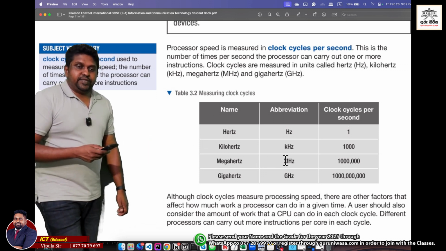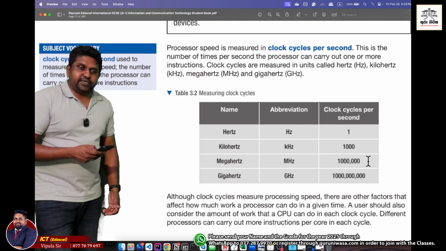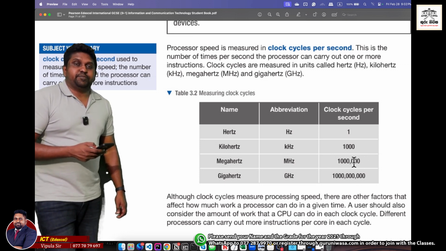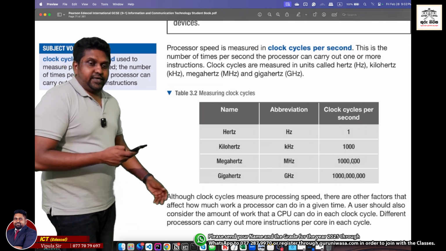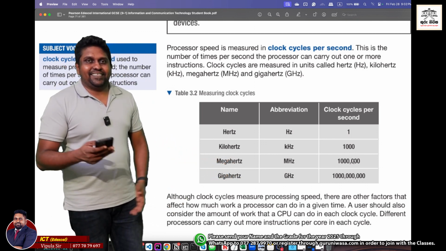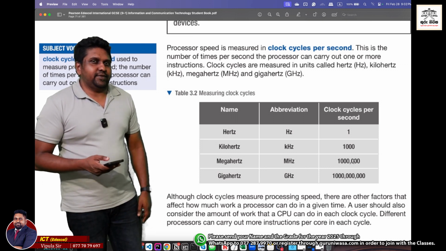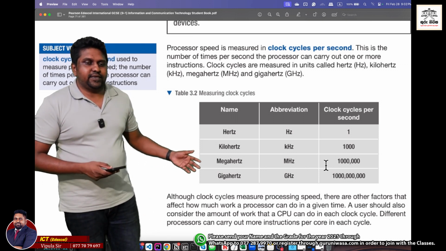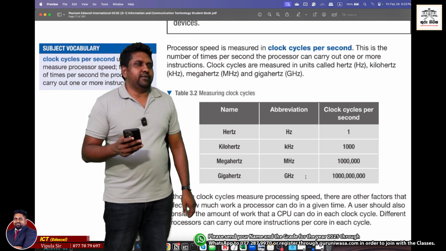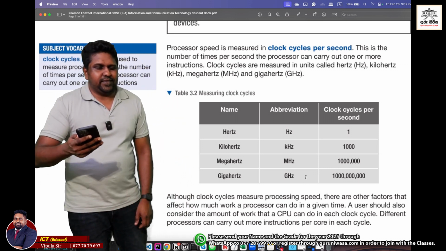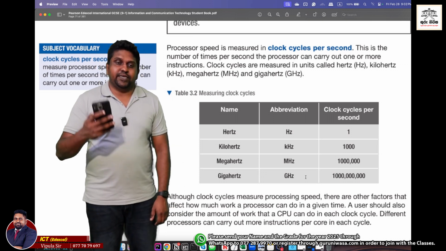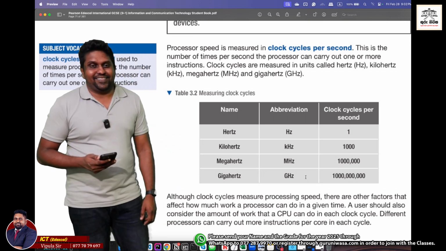We started with a couple of 100 megahertz, which is about 1 million clock cycles per second, and now we have gigahertz. A typical i9 CPU runs at around 4 to 5 gigahertz, and with turbo boost it can go up to about 6 gigahertz.